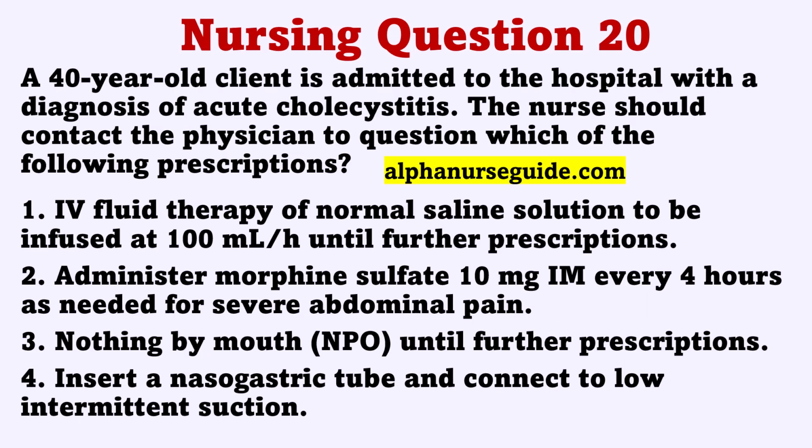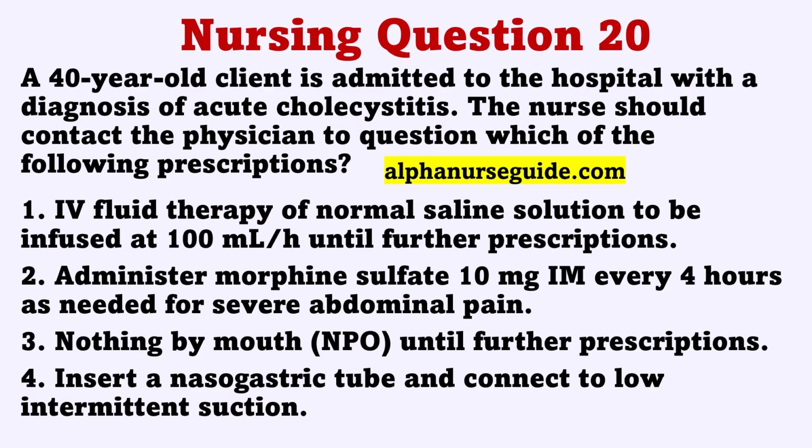A 40-year-old client is admitted to the hospital with a diagnosis of acute cholecystitis. The nurse should contact the physician to question which of the following prescriptions? 1. IV fluid therapy of normal saline solution to be infused at 100 ml per hour until further prescriptions. 2.